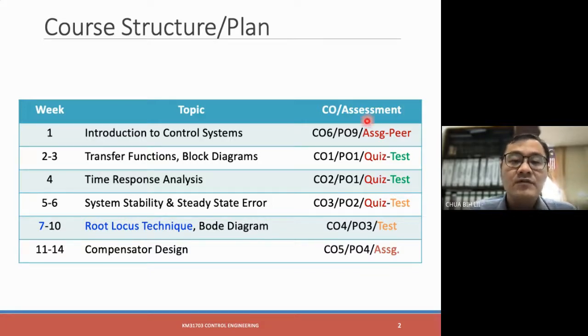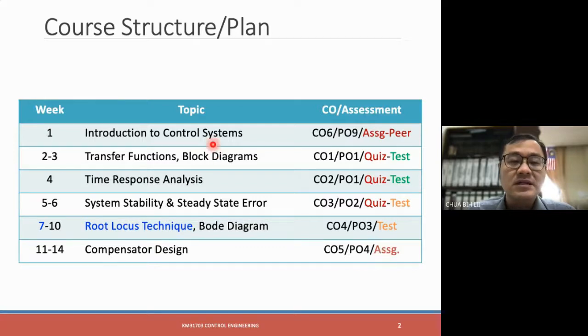For the assignment part, we will have a peer assessment as well as your final submission at the end of the design. Later, after the SAM break, I will inform more about the peer assessment.